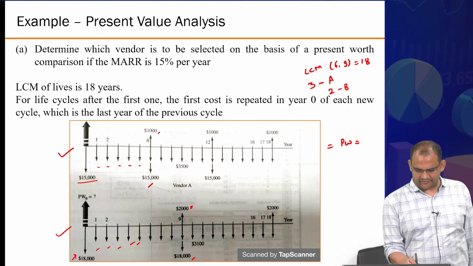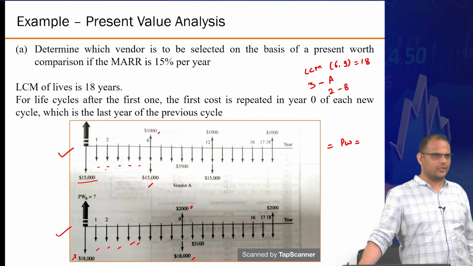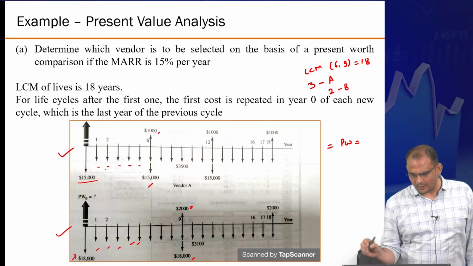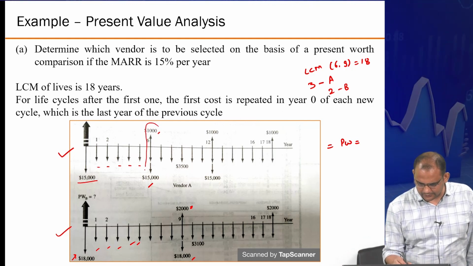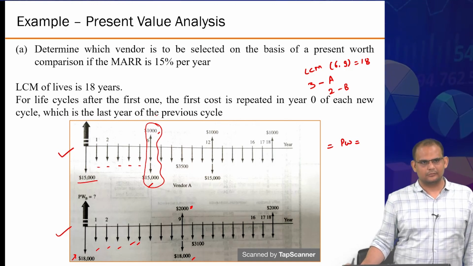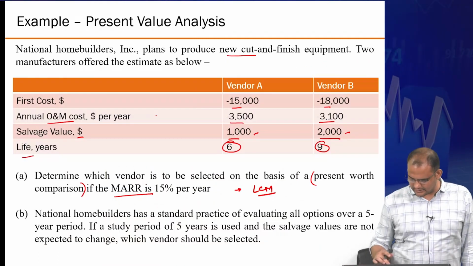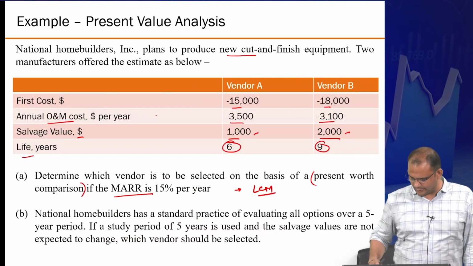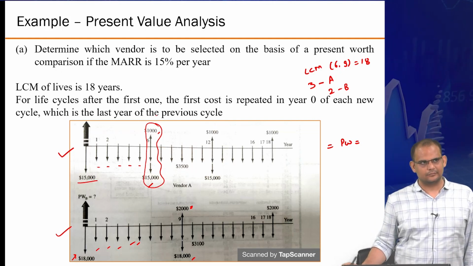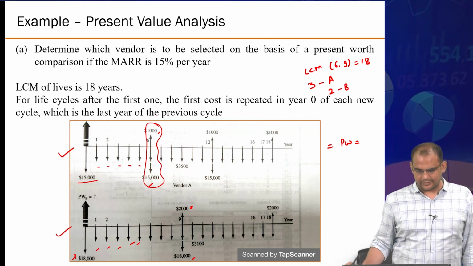What happens to this 15,000? Remains same or some factor? Remains same. What happened to this cash flow? $14,000, or 14,000 minus this 3,500, or addition of that? 14,000?